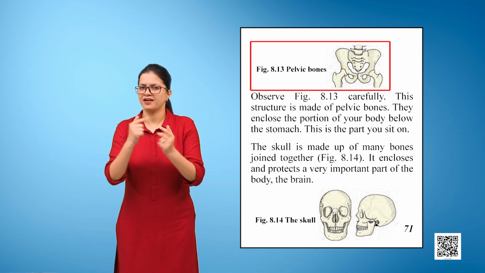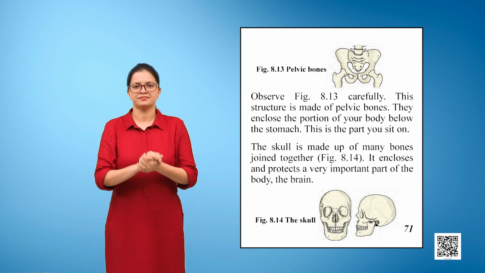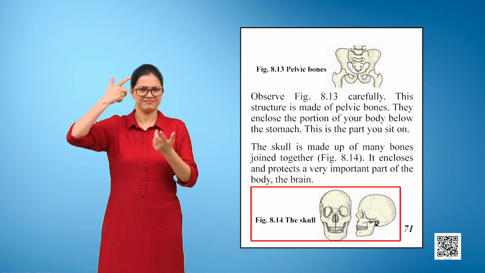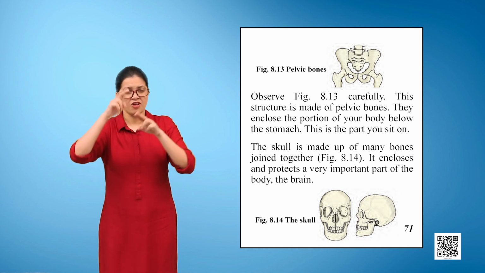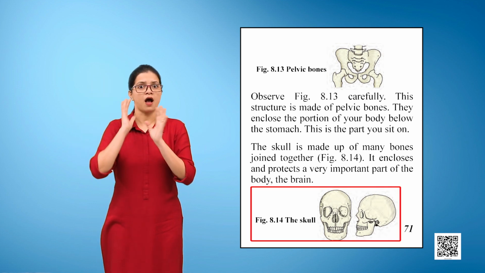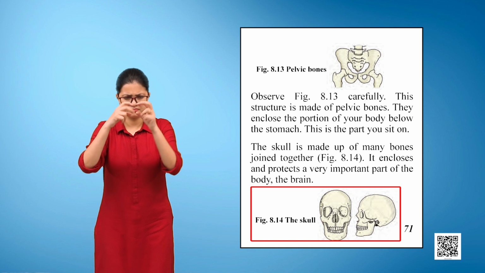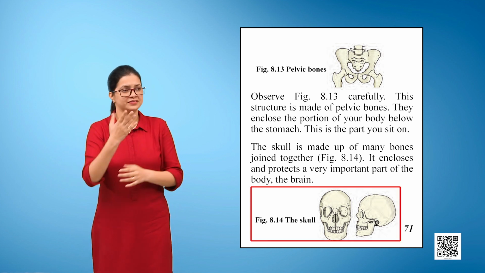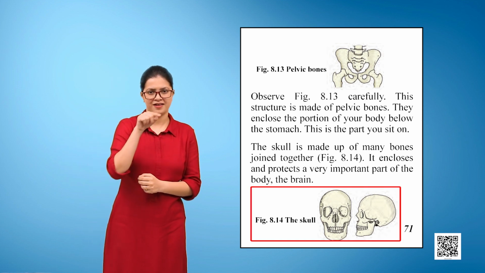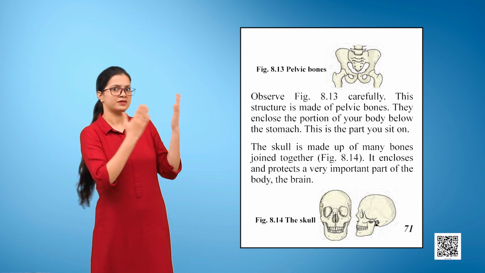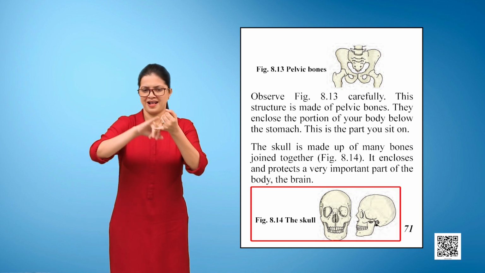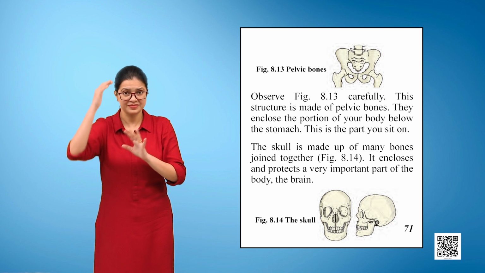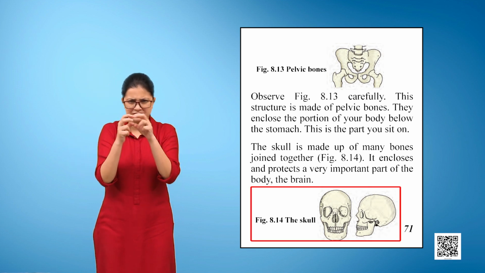This is the part you sit on. The skull is made up of many bones joined together. Figure 8.14. It encloses and protects a very important part of the body, the brain.